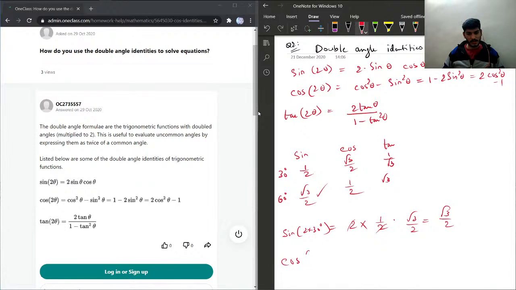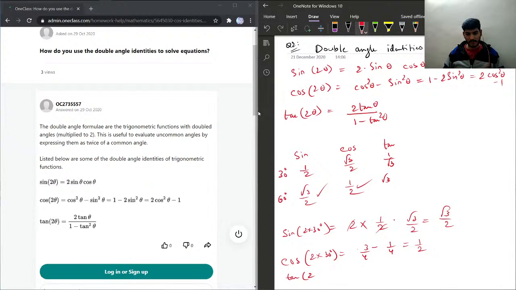Then for cosine, I'm going to use this one, 2 into 30: cosine squared 30 minus sine squared 30. So this will be 3 over 4 minus 1 over 4. This will be 1 over 2.